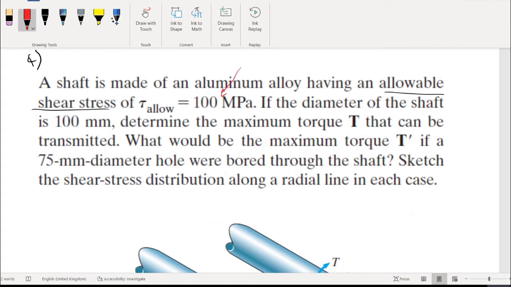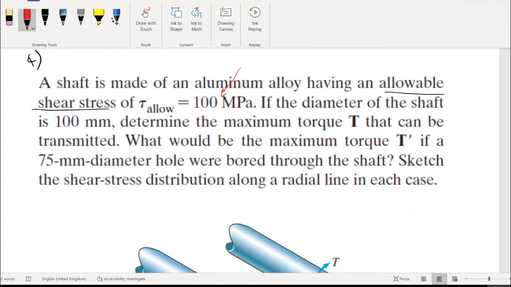Having been given the alloy metal and design requirement, the shaft diameter is also given as 100 mm. Allowable is 100 megapascals; you need to design for it. You can take it as a working stress or design stress.